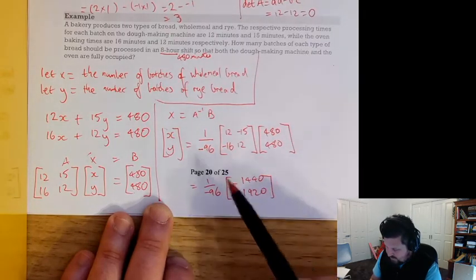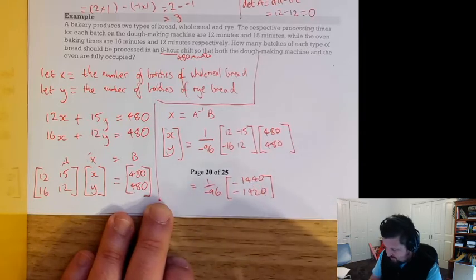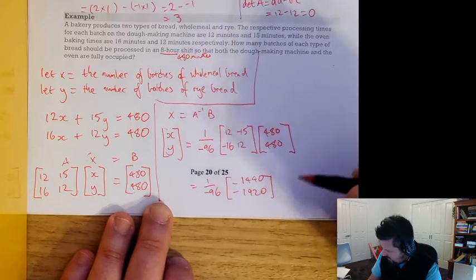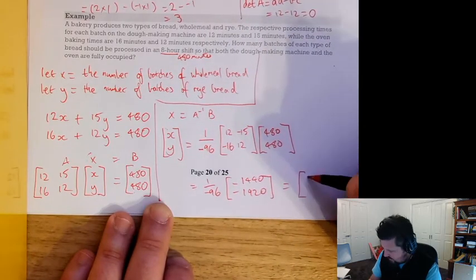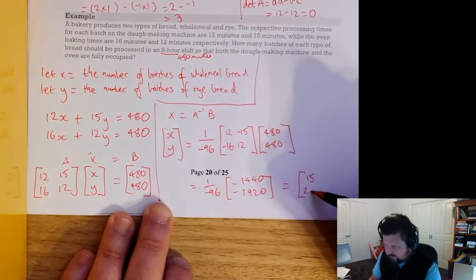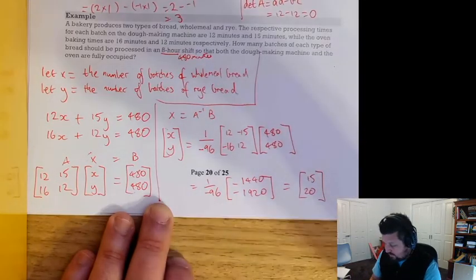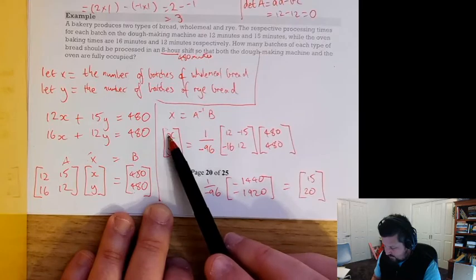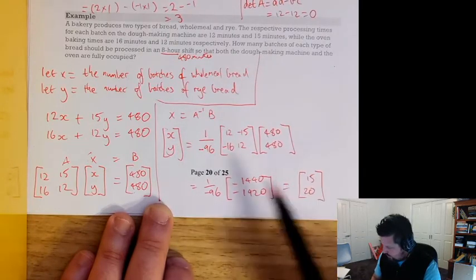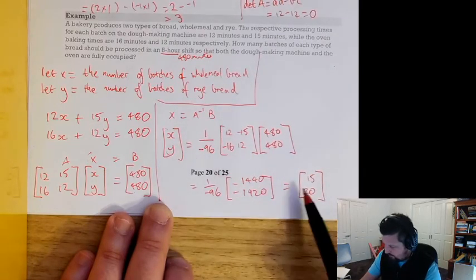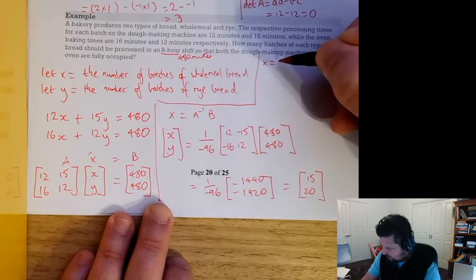We can then divide each of these by negative 96, and you end up with 15, and you end up with 20. So the solutions in this particular case, x is equal to 15 and y is equal to 20.